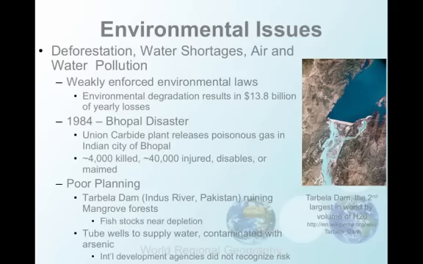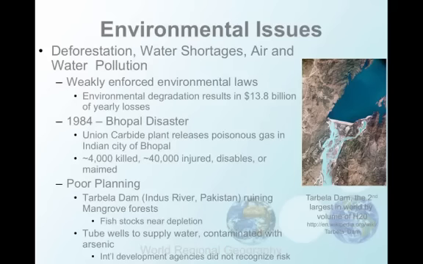One result is that fish stocks have been nearly depleted, which you can imagine is very important, especially given how rural parts of South Asia are, and so fish does represent a very important source of livelihood.